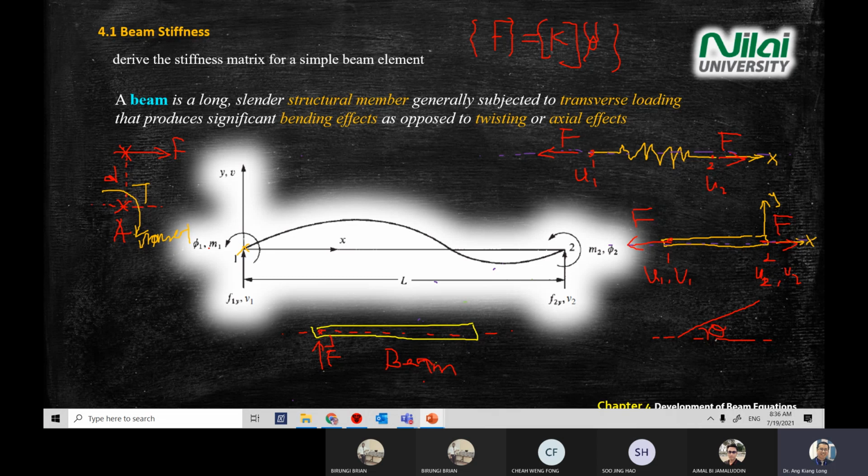For example, how do you get moment 1? Why is there a moment 1 at point 1? Why in this diagram is there a moment 1 here? Because F1 and F2 are parallel to each other. Can you repeat your answer again? Because F1 and F2 are parallel to each other.